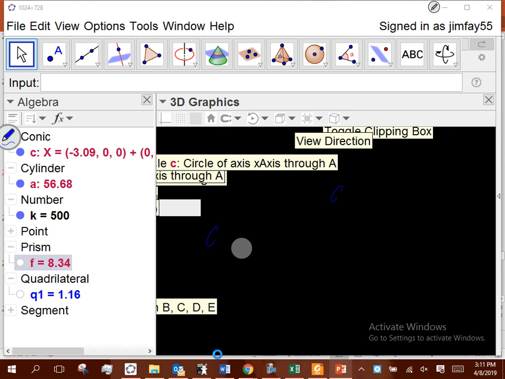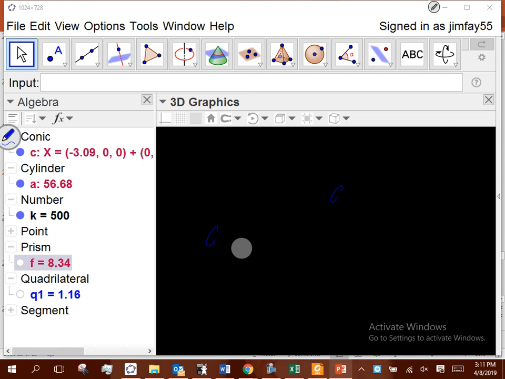I'm actually going to try to close it. I don't know if we've experienced this in this class, but when the 3D stuff is running on GeoGebra, it takes a lot of computer power, RAM, and so does the recording. So that's why it shuts down.